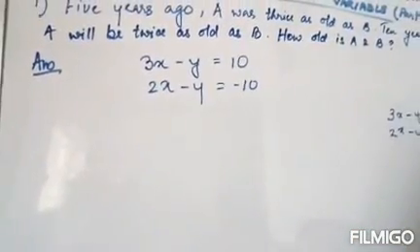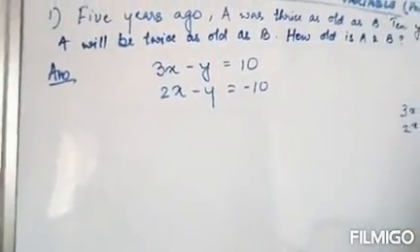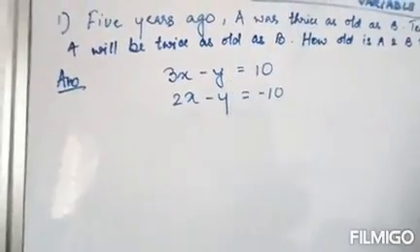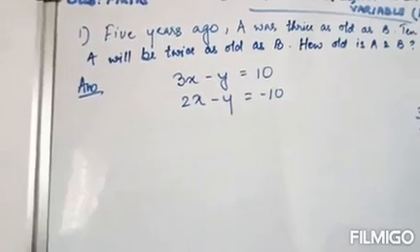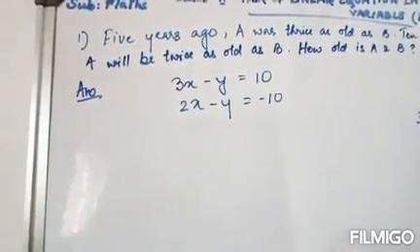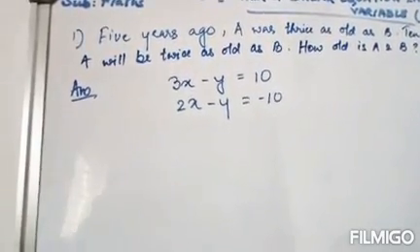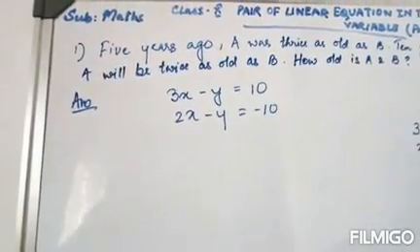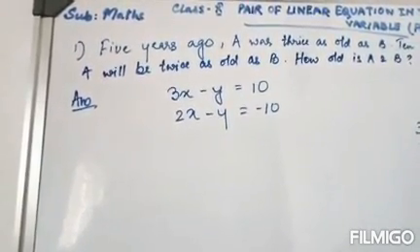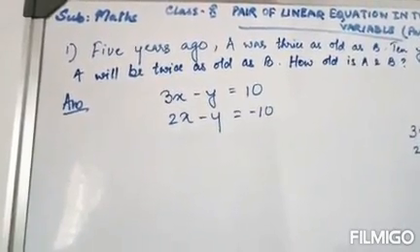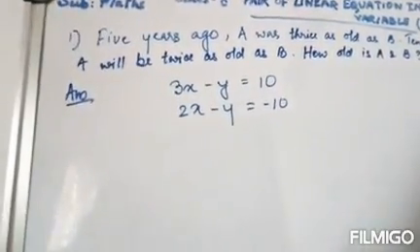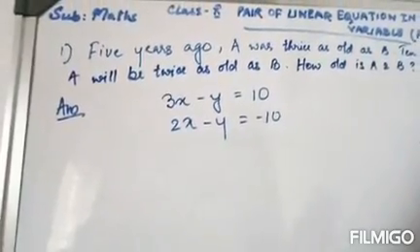Now see here, the coefficient of y is already the same. If I just change the sign, then I need not do anything else. I can directly eliminate. So I need not multiply anything.